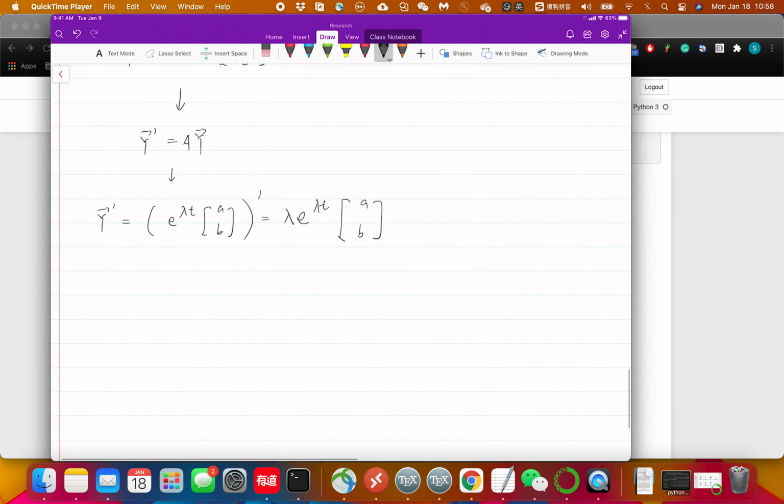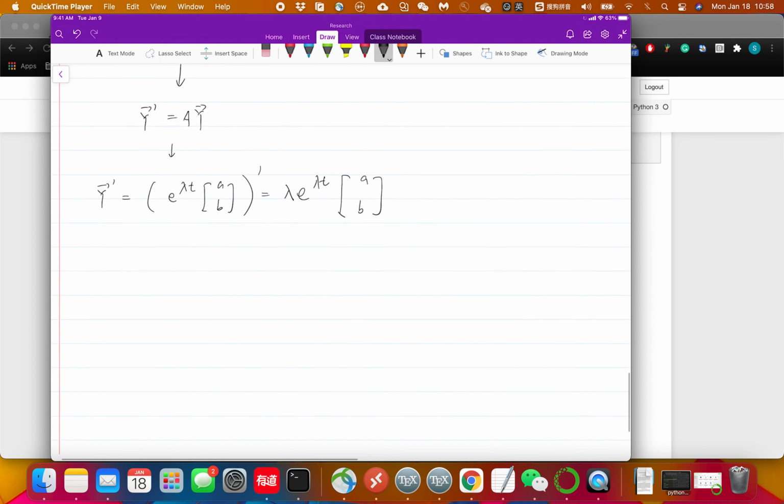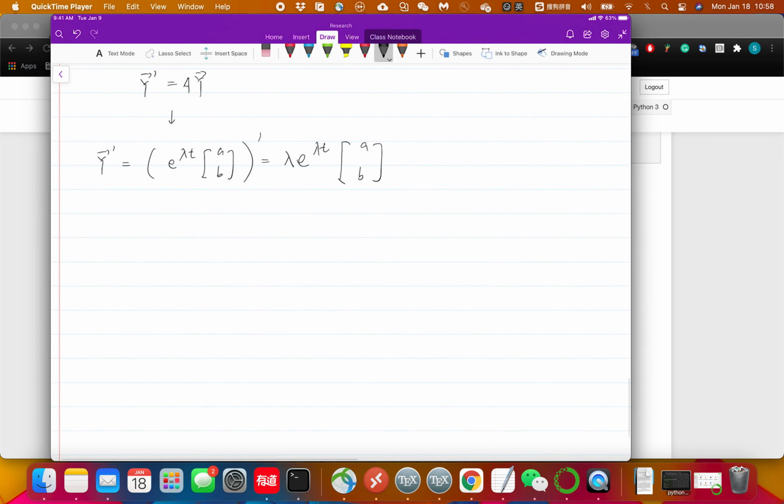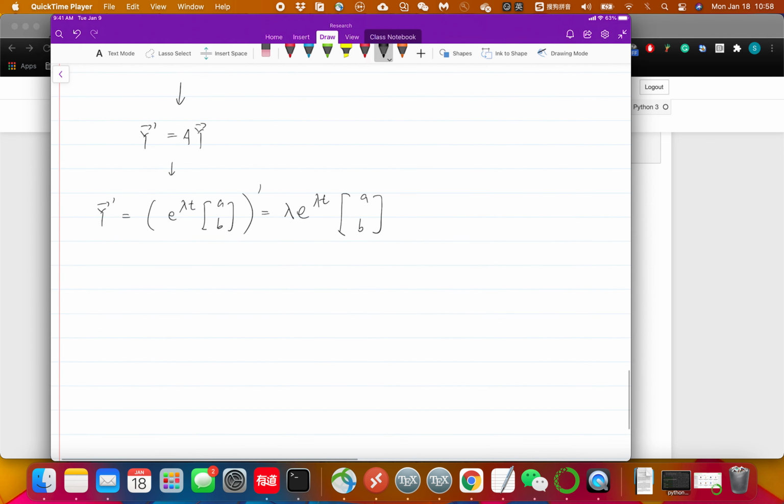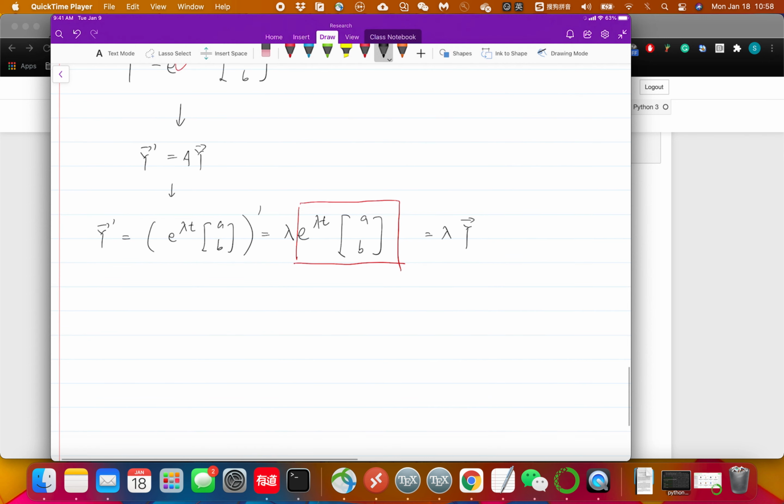Why? Because a and b do not depend on t. That's the whole point of the straight line solution. Plug in different t, your direction stays the same. Okay? What is that? If you group all these, that is just lambda y, if your y already looks that way.